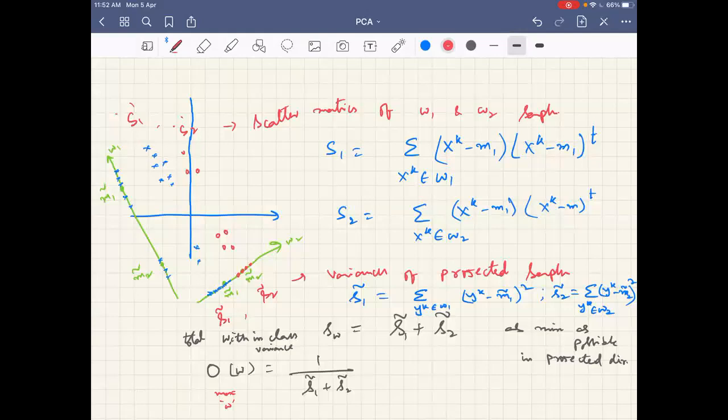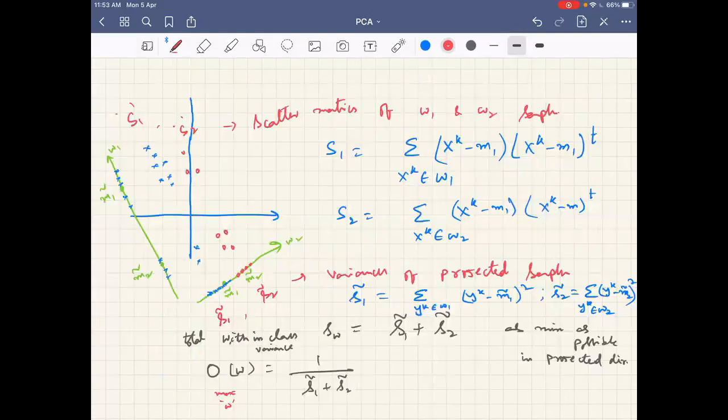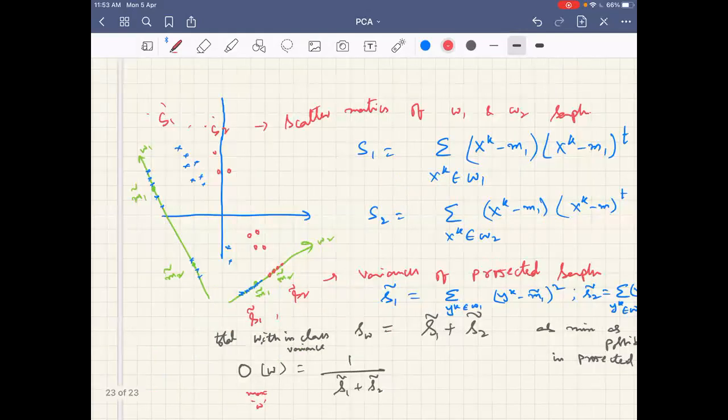I think it requires probably another 10-15 minutes of discussion. After that, this method of separating the class 1 and class 2 samples and trying to see that the projections of the class 1 and class 2 means are compact and well separated is referred to as Fisher's linear discriminant analysis.